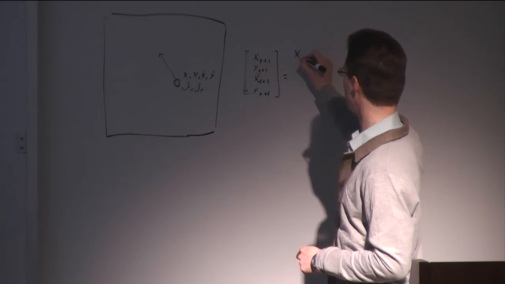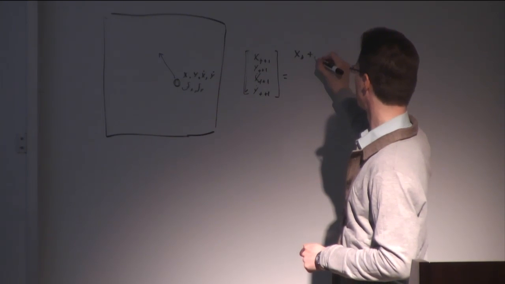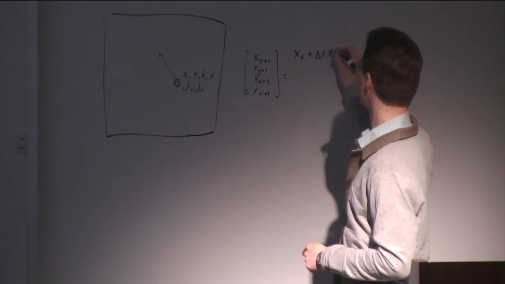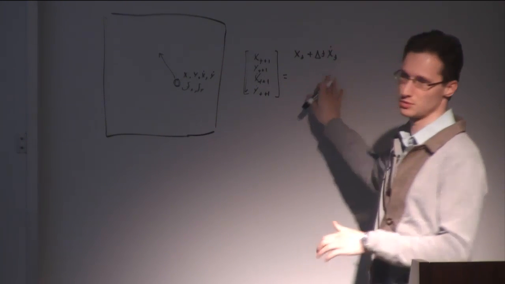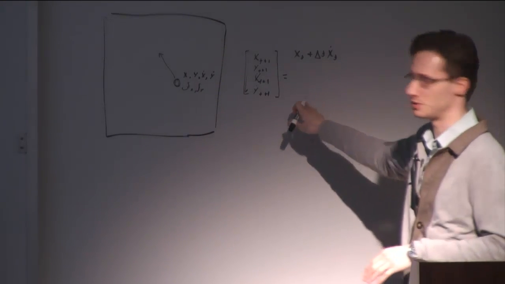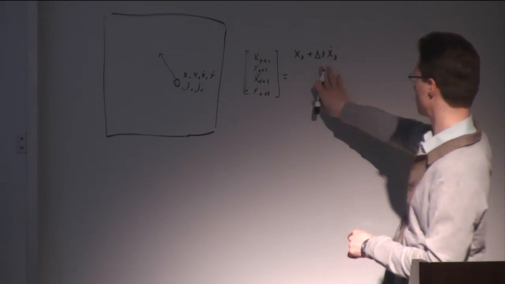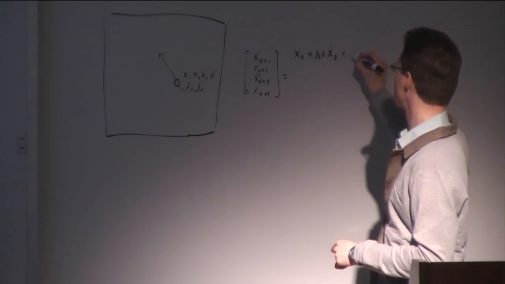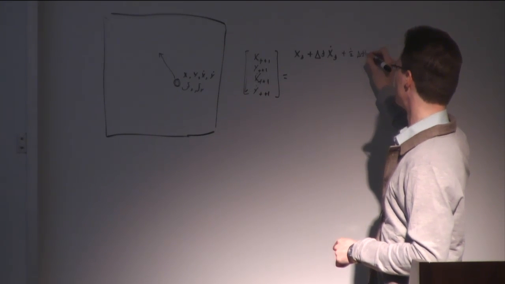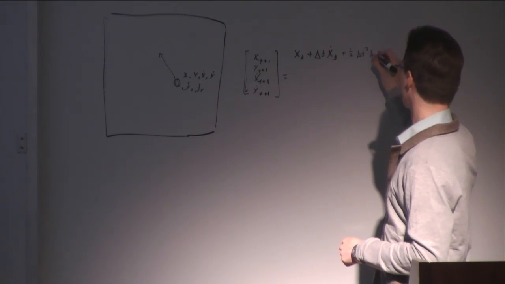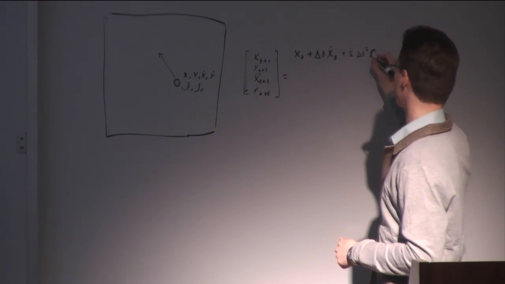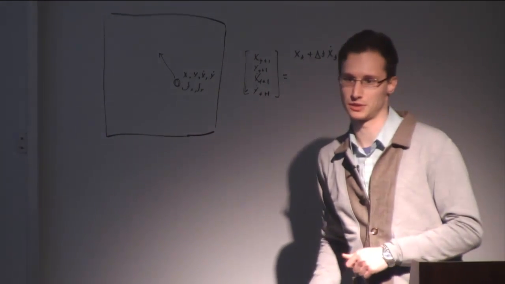So the first one is going to be xt plus delta t times x dot t. You have to choose your equation of motion here. There are different integrators you can use, but I'll just write down a very simple one. So delta t times x dot t plus 1/2 delta t squared fx. Maybe you're assuming that it has a mass of 1, so force directly translates into acceleration.